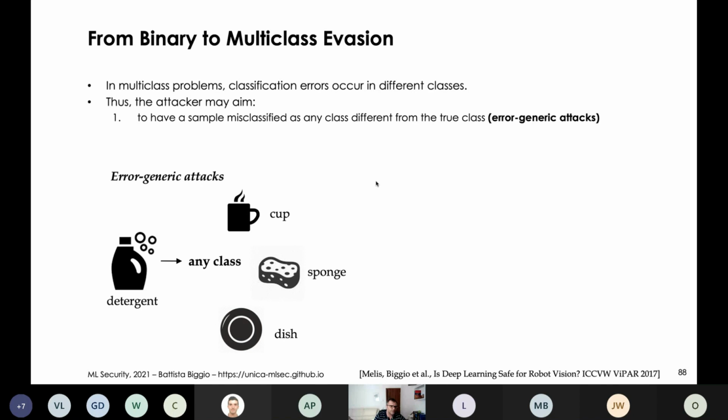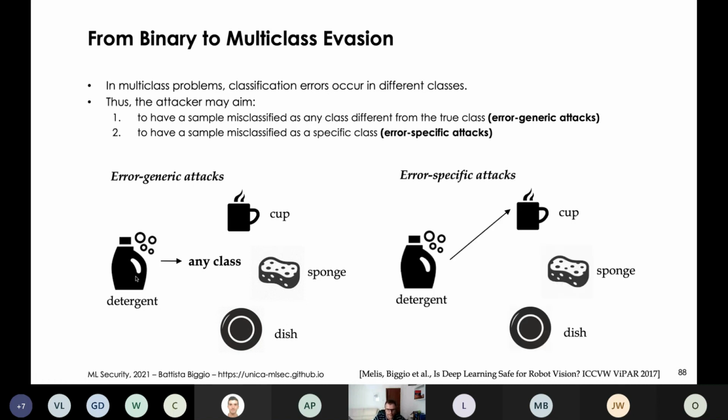In this specific case, you can have what are called error-generic attacks, or indiscriminate attacks, where you have an object from the true class, say a detergent, but you're just interested in having this object misclassified as any of the other classes. So everything except the true class is okay for the attacker. It's indiscriminate in the sense that you don't need to specify the target class. Everything is fine except the true class of detergent in this case. So this can be one modality.